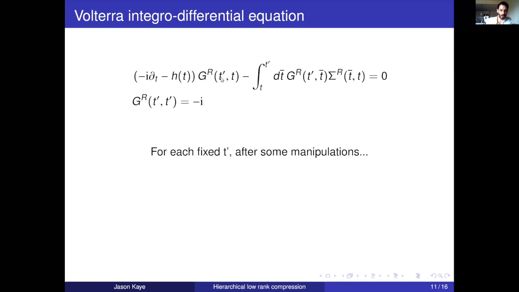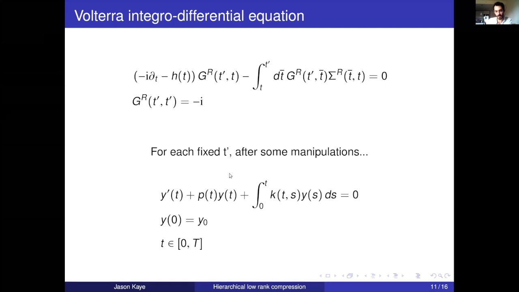How this works is we have an outer time stepping through t prime, so you could think of n points t prime. And then for each t prime, we have to solve some integral equation for all of these t's. If we fix a t prime and do some manipulations, we get something that looks like this.